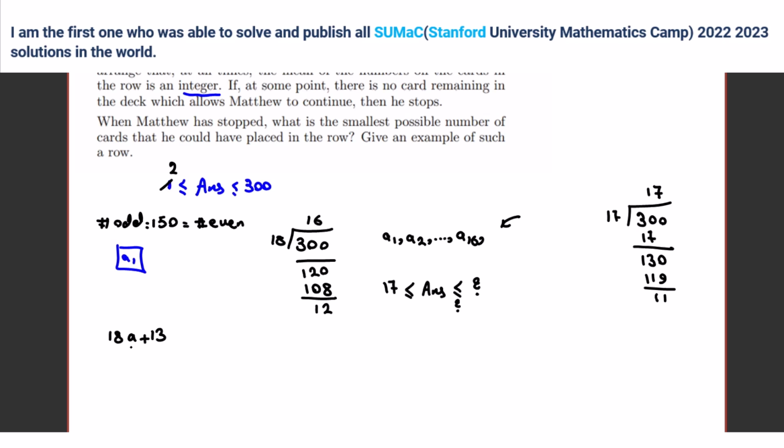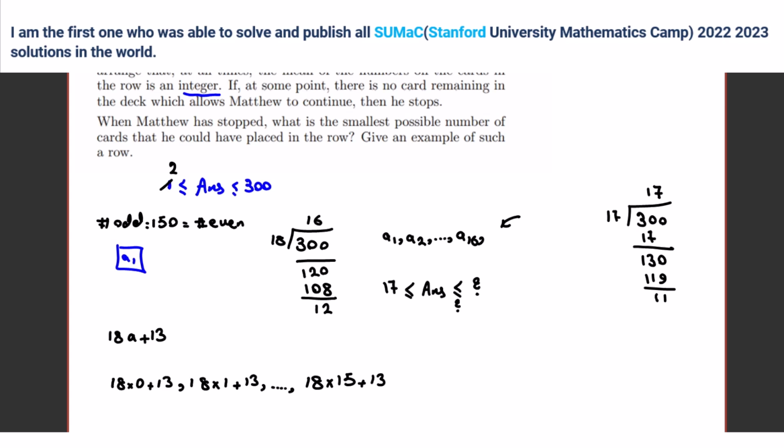A is from what? 0 or 1? 0. First number is 18 times 0 plus 13, right? Yeah. Next number 18 times 1 plus 13. Last one is what? 18 times 15 plus 13.